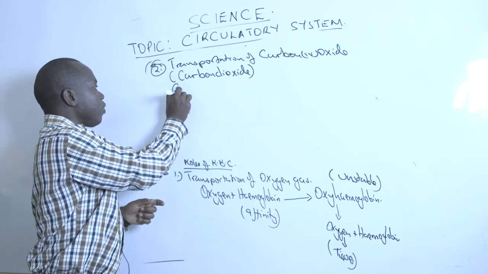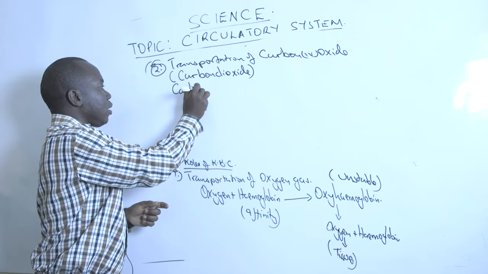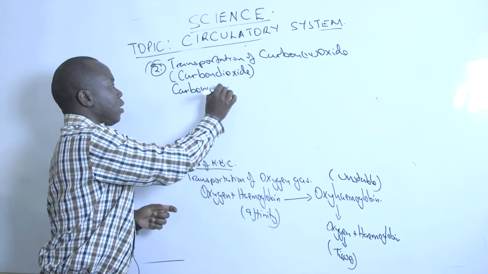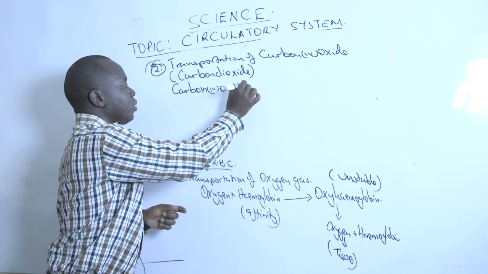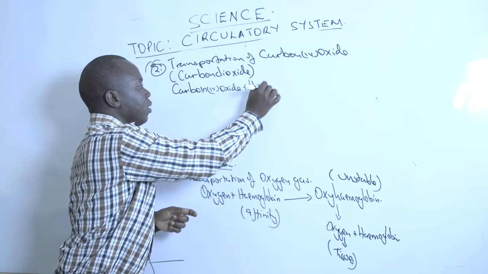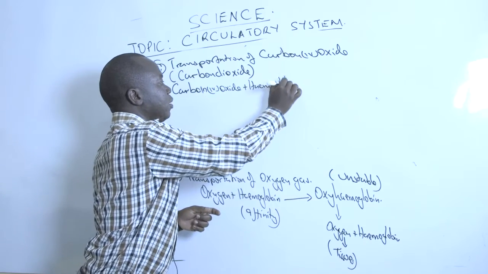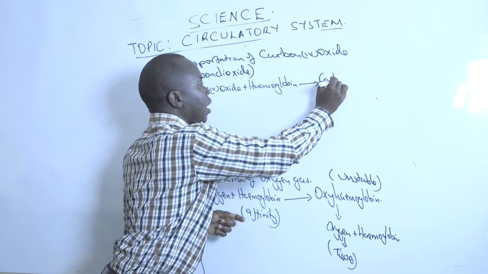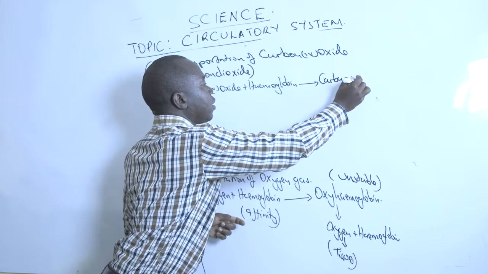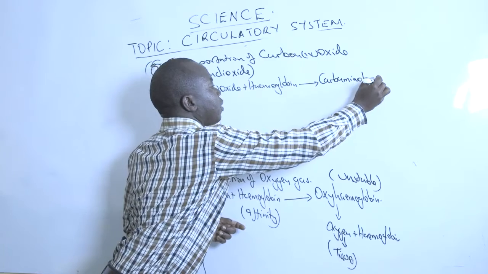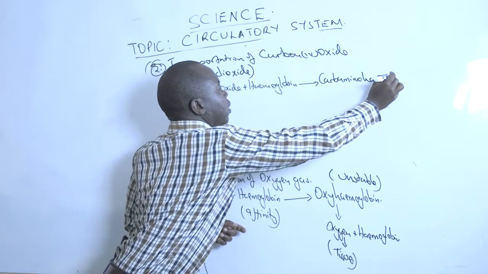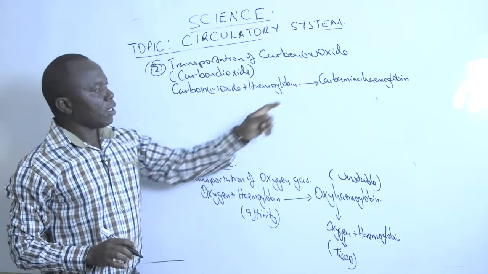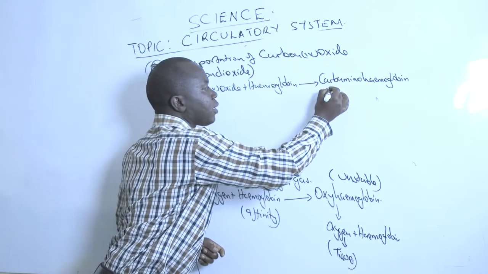Carbon dioxide combines with hemoglobin, and then it forms carbaminohemoglobin. This compound again is unstable.